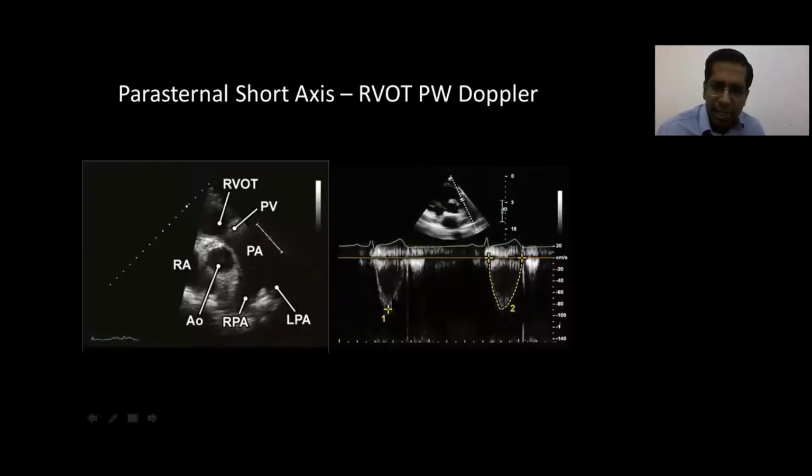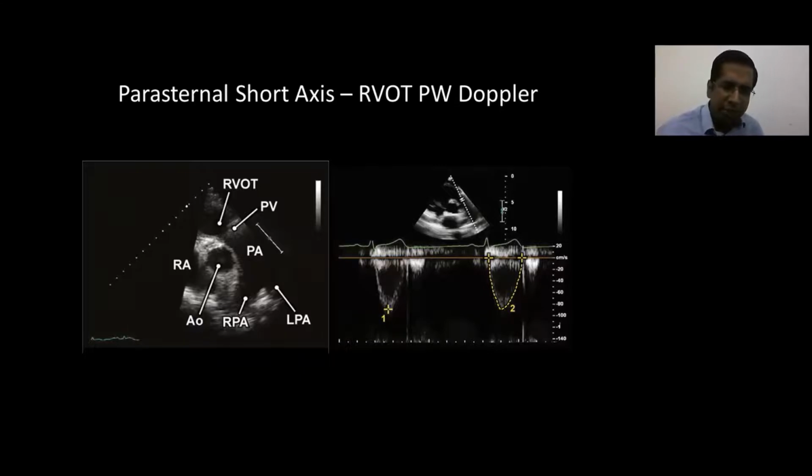In a condition like ASD or anemia, which is a high flow condition, your RVOT Doppler may be increased. That is the importance of looking at this and recognizing patterns. Similarly, for pulmonary embolism, depending on where your notching is and how steep this is, you may be able to pick up the location of the thrombus also. So it has multiple utilities, so always try to appreciate it.